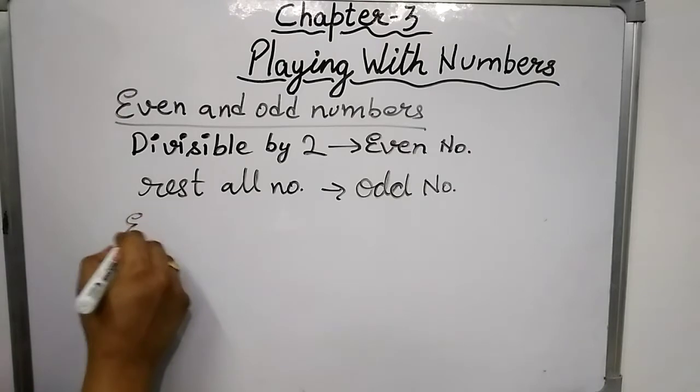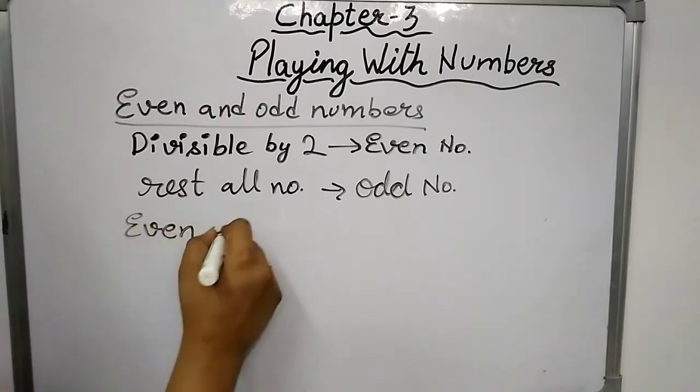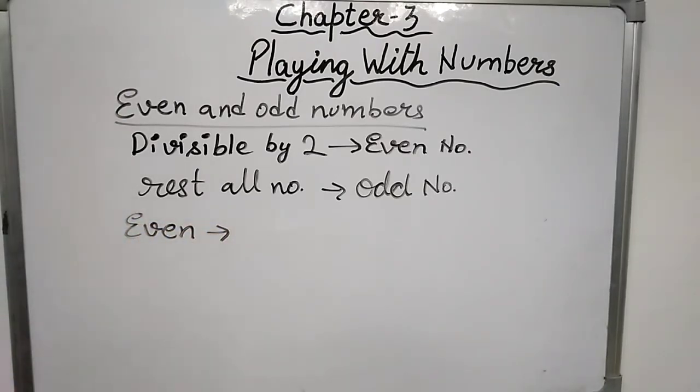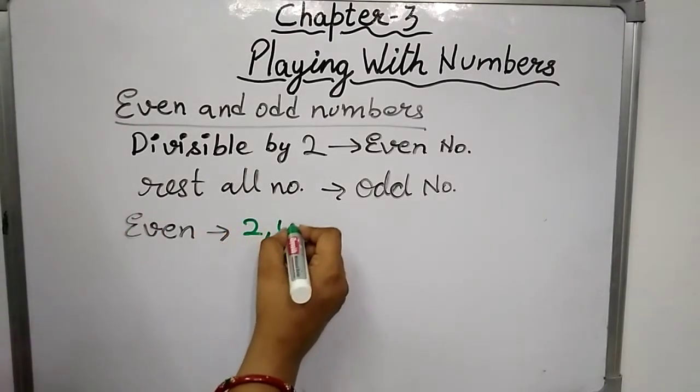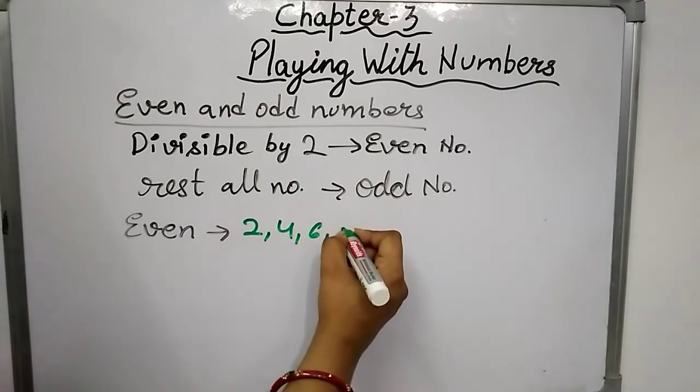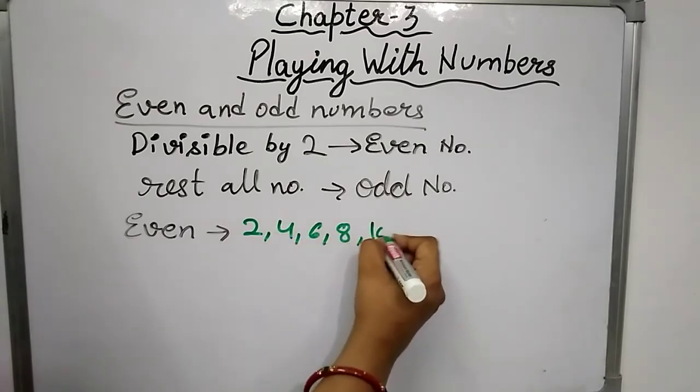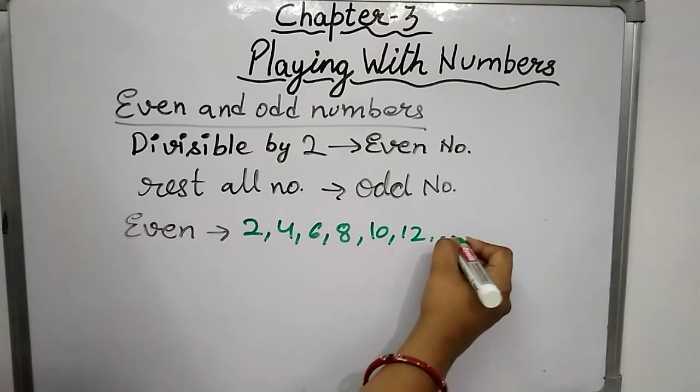So even numbers are 2, 4, 6, 8, 10, 12 and so on.